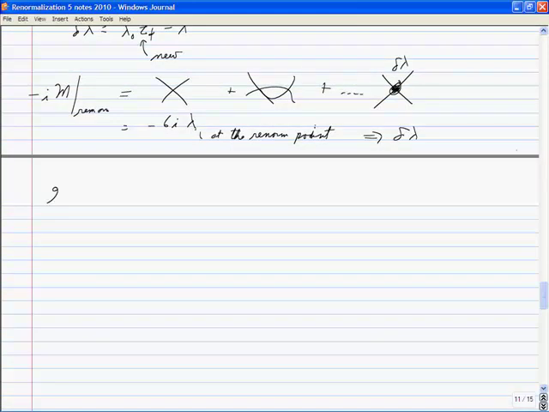Remember I said there are two procedures. What we just did here is this BPH, Bogoliubov-Parasiuk-Hepp renormalization with counterterms.